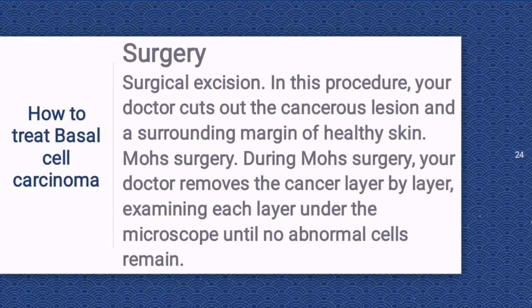Examples are surgical excision. In this procedure, your doctor cuts out the cancerous lesion and the surrounding margin of healthy skin. Mohs surgery. During Mohs surgery, your doctor removes the cancer layer by layer, examining each layer under the microscope until no abnormal cells remain.